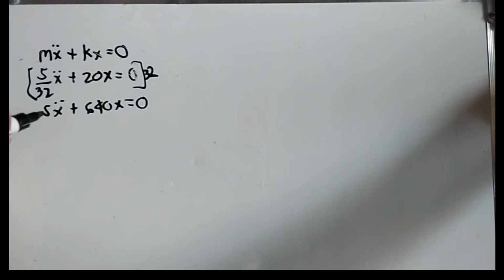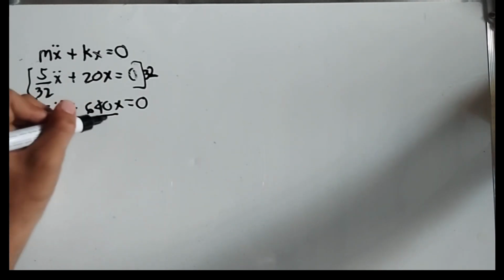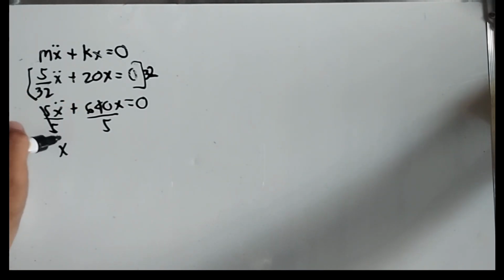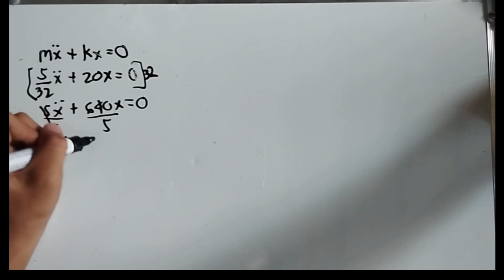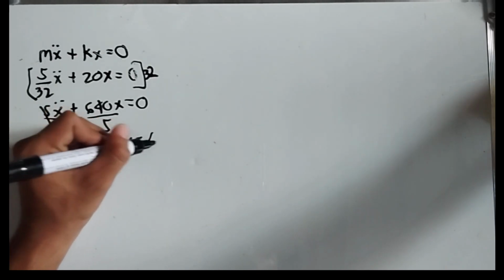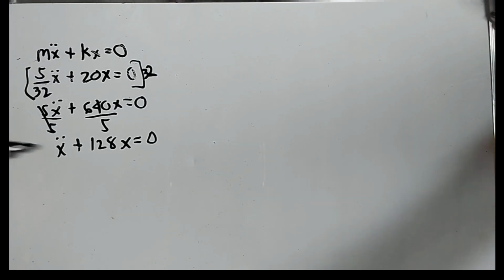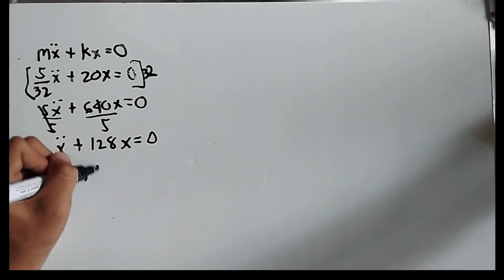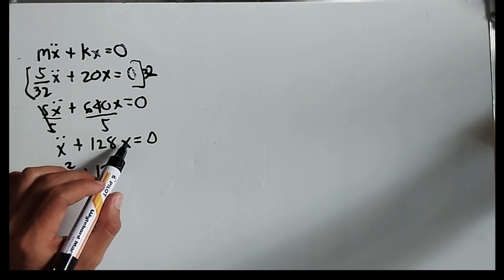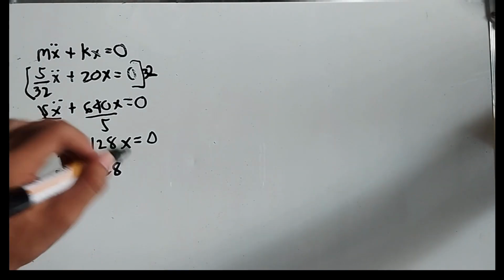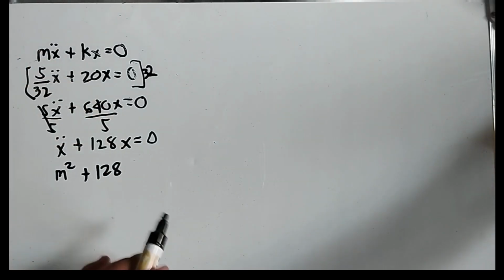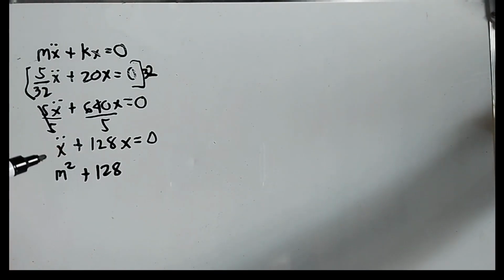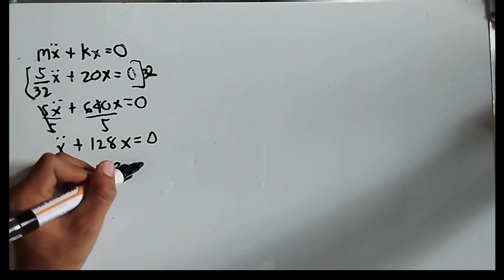Right now we have the coefficient here, so we're going to divide both terms by 5. We're left with x double dot plus 640 divided by 5, which is 128, x is equal to 0. Now we're going to make it an auxiliary equation. Since it is double prime, it would be m squared plus 128, and since this is just x, it vanishes. So we are left with m squared plus 128 is equal to 0.